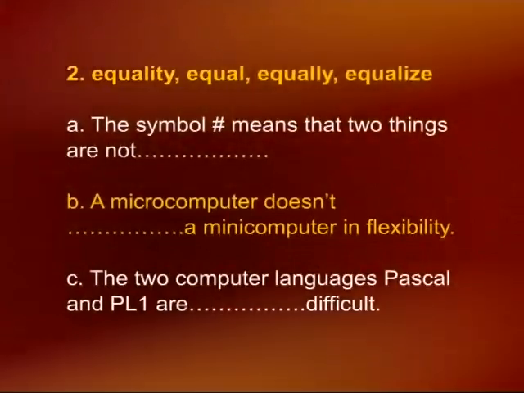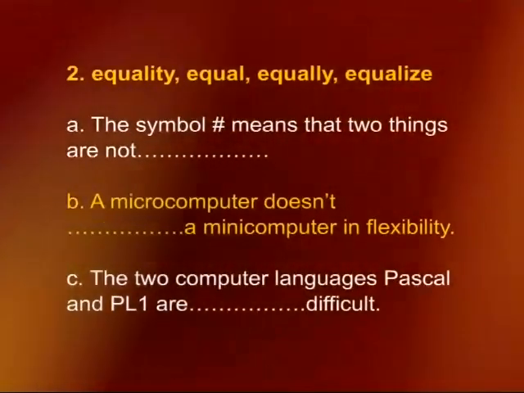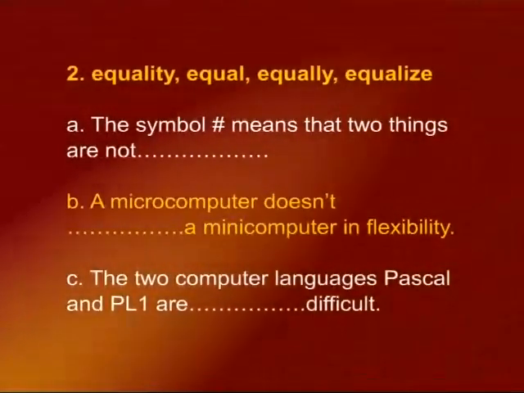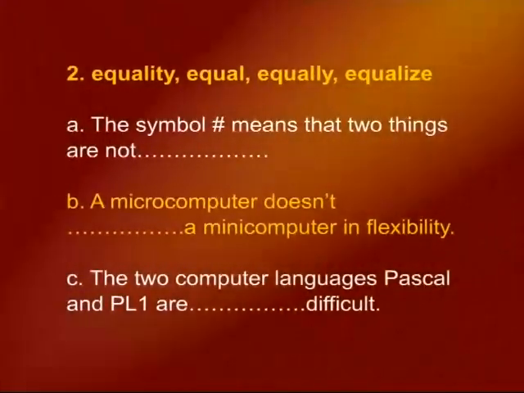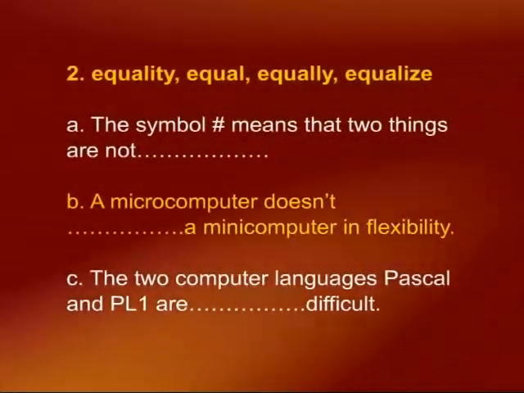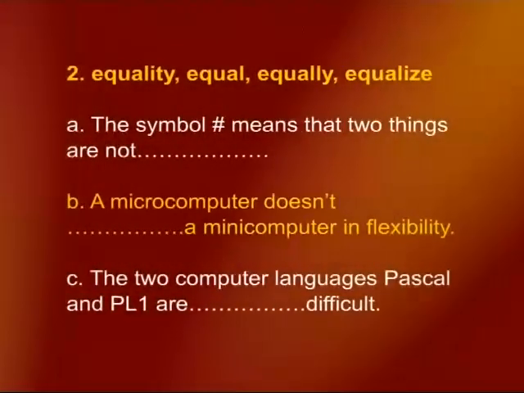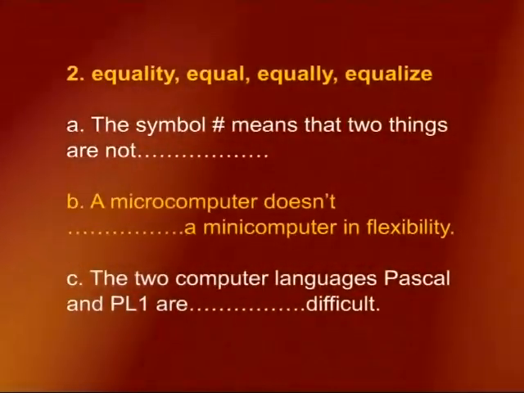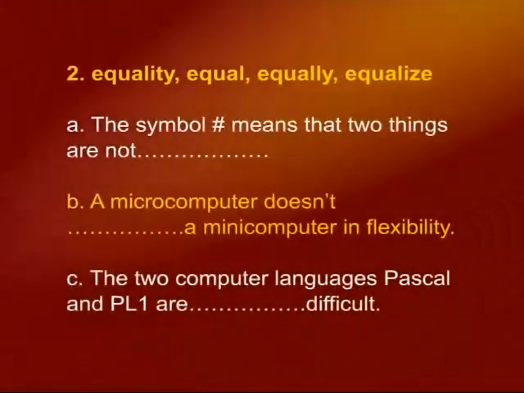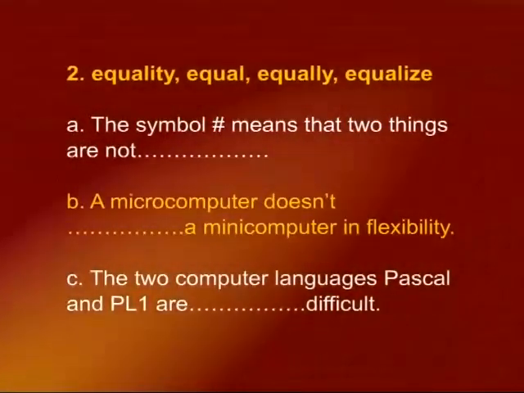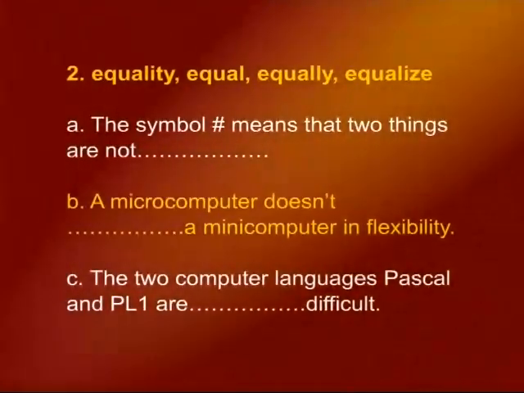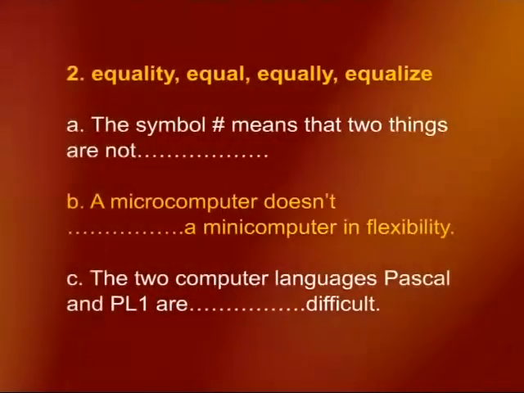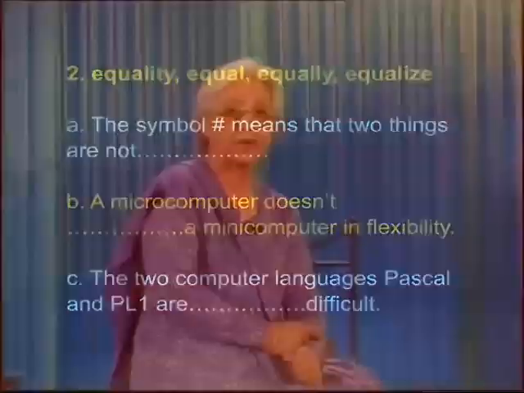Notice the symbol, short parallel lines with a line going through them, which means that it is in the negative, are not equal, right? B, a microcomputer doesn't equal a mini computer in flexibility, and the appropriate word would be equal. Number C, the two computer languages Pascal and PL1 are equally difficult, right?